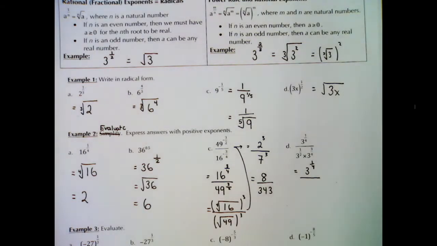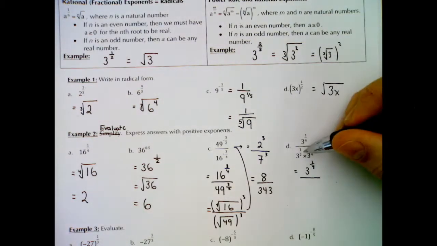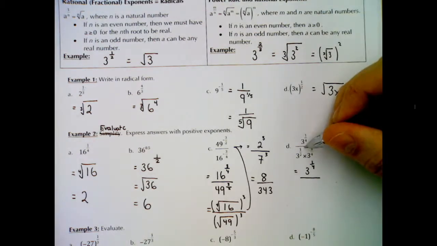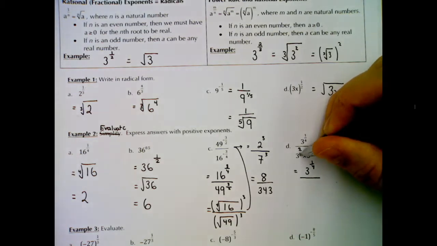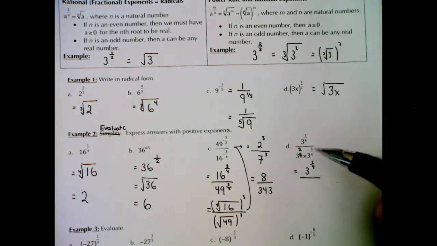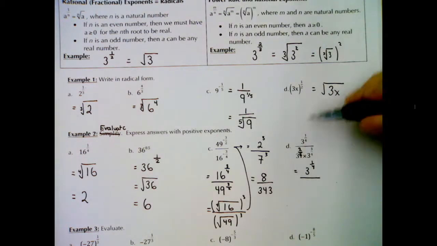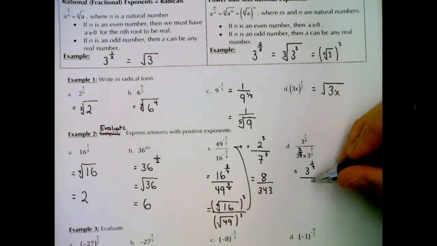Well, we would add the exponents. Adding a half to 3/4. I'm going to change this half to 2/4 because 2/4 is equivalent to 1/2, and that's easier to add to 3/4. We should get 3 to the exponent 5/4.